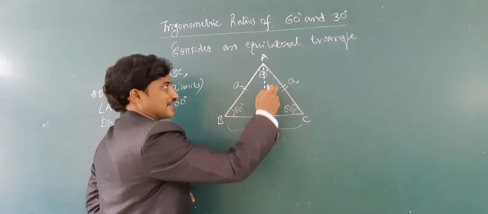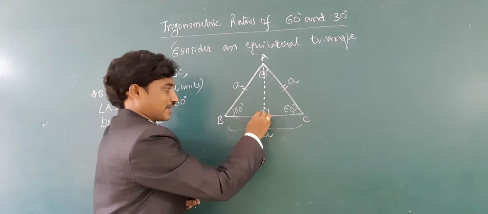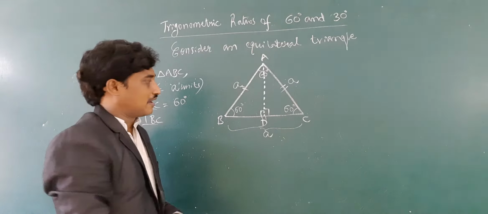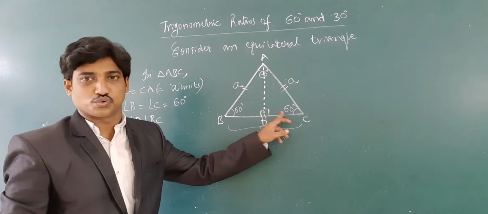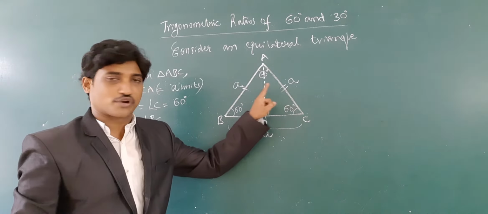Here there are two triangles, ADB and ADC. The right angles are equal, the hypotenuses are equal, and AD is a common side of these two triangles. Right angle, hypotenuse, side.